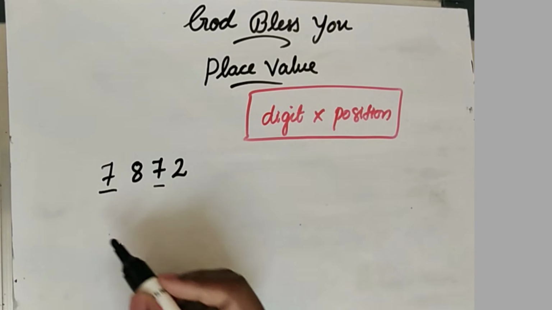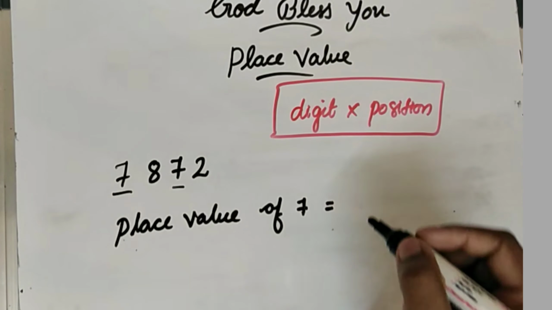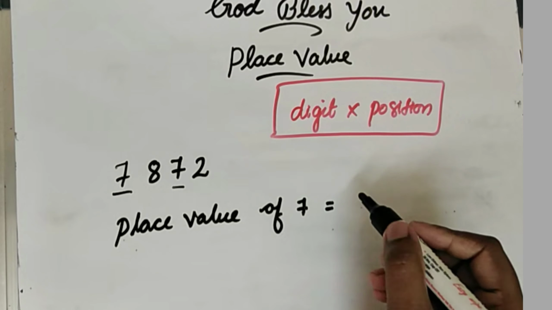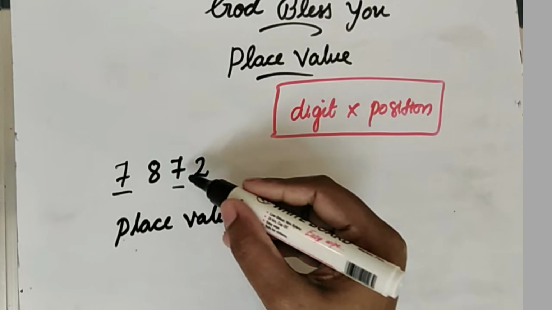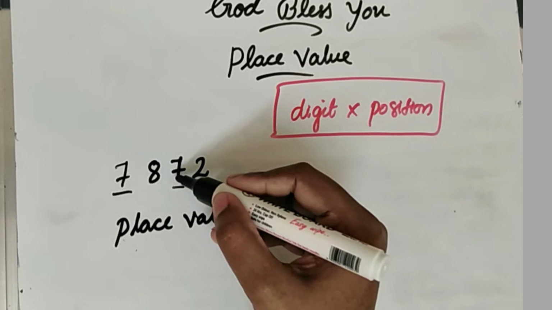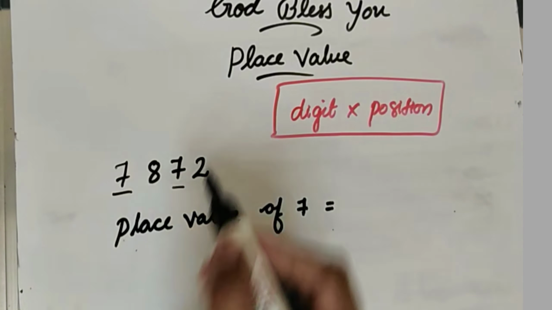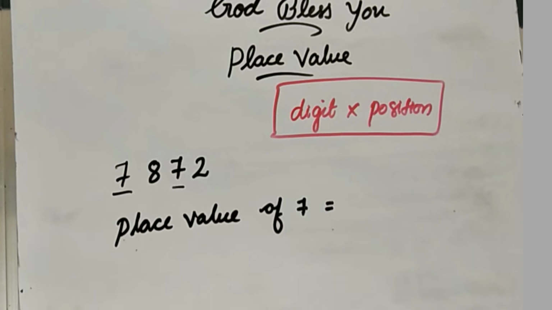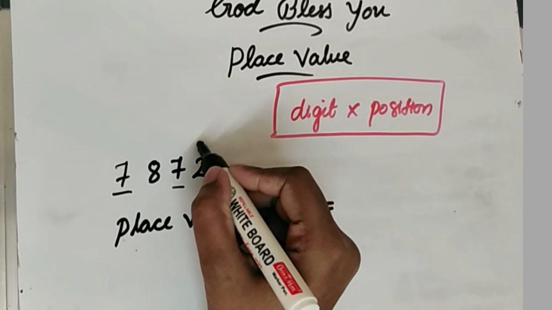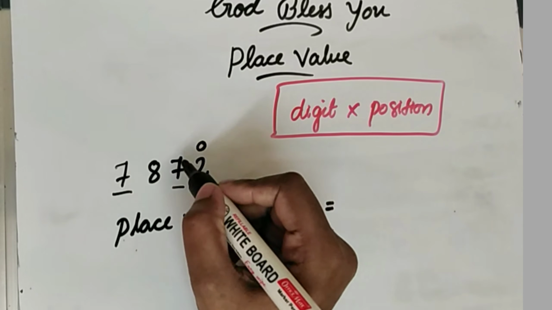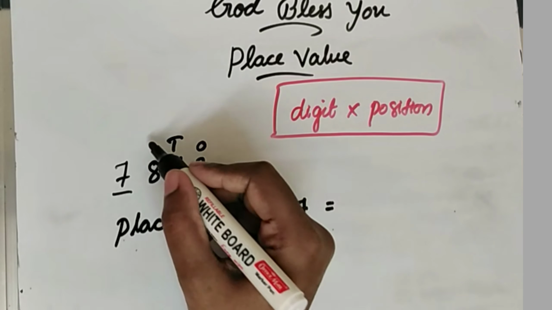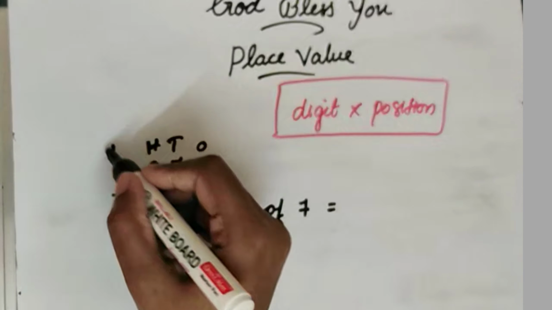For that, we know place value of 7 is equal to digit into its position. So the position of 7 in this number is: 2 at 1's place, 7 at 10's place, 8 at 100's place, and again 7 at 1000's place.